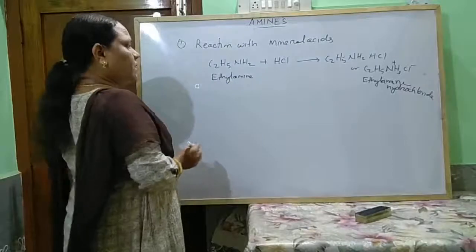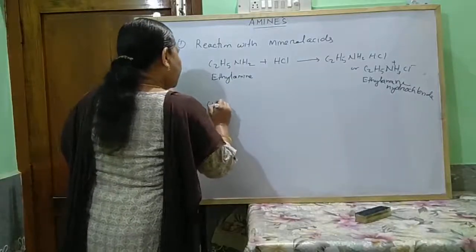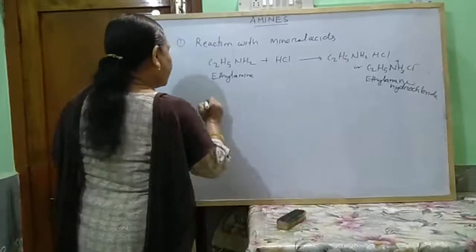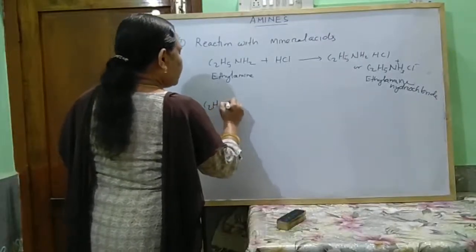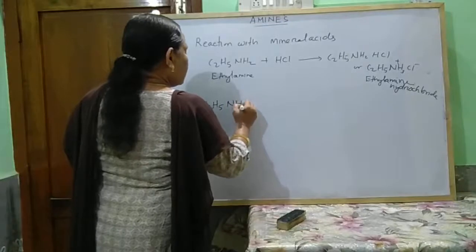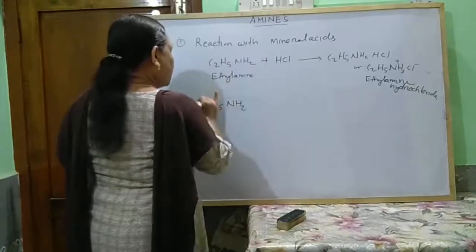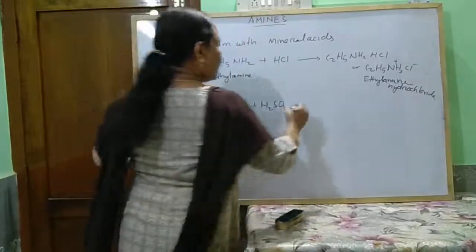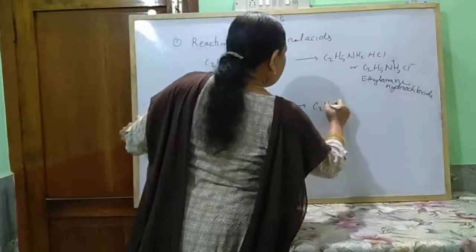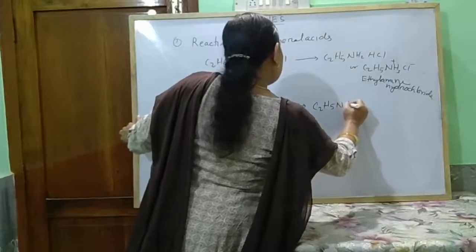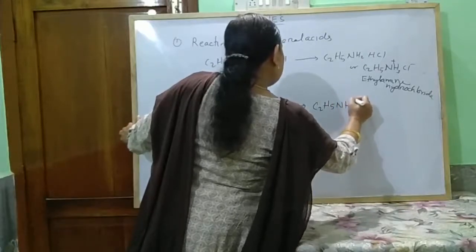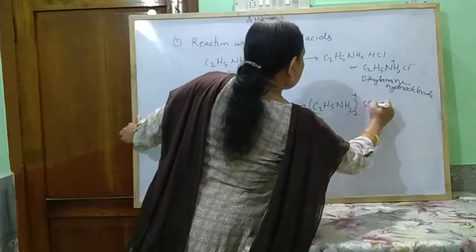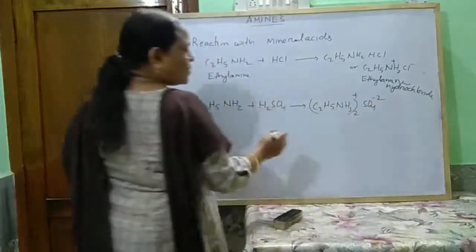Similarly, if we take reaction with sulfuric acid, two moles of this react with sulfuric acid to form (C2H5NH3)2 SO4 2-.